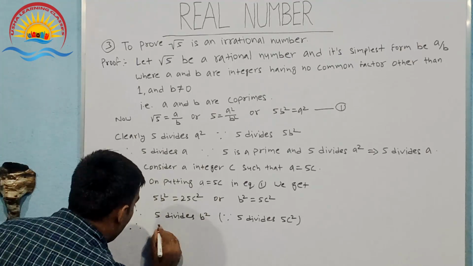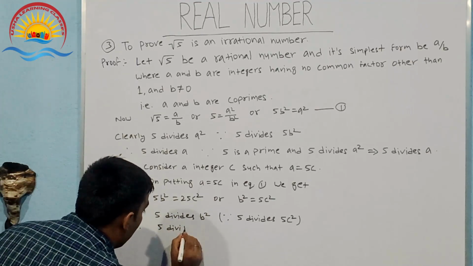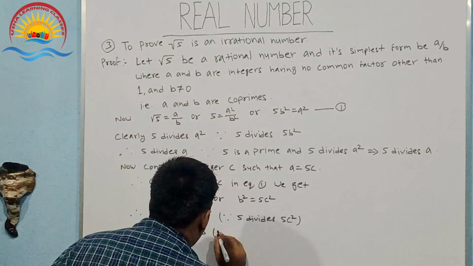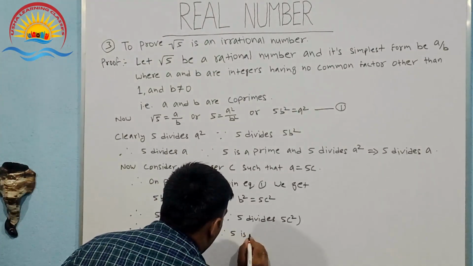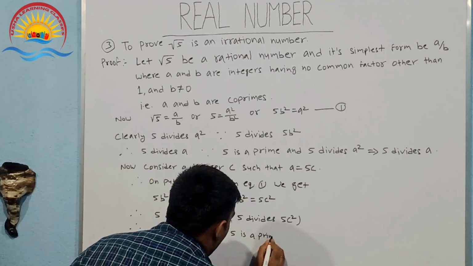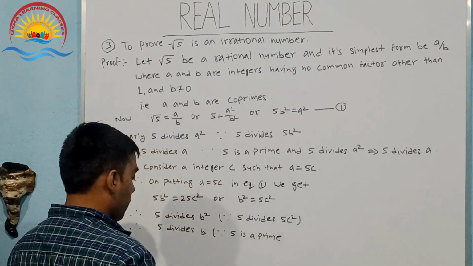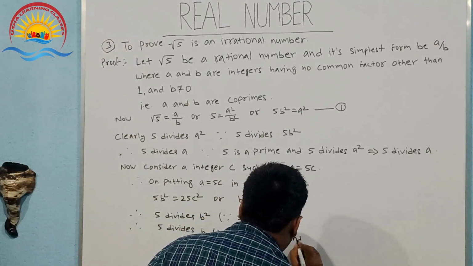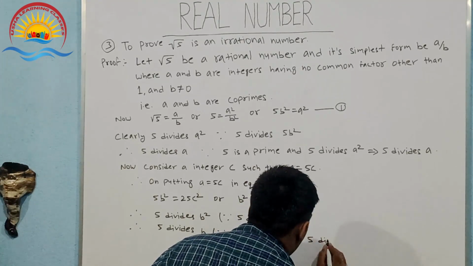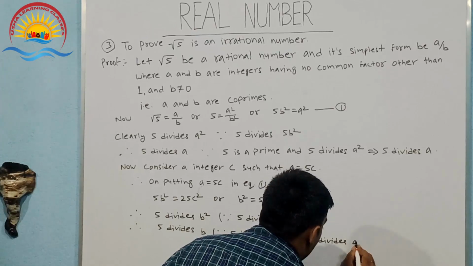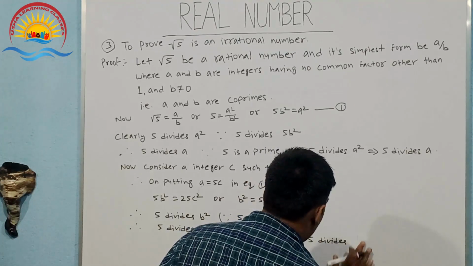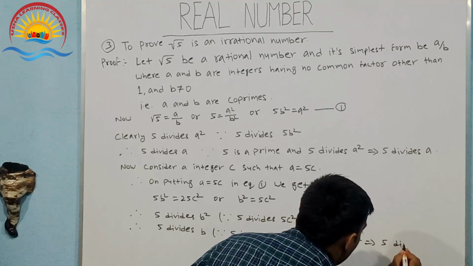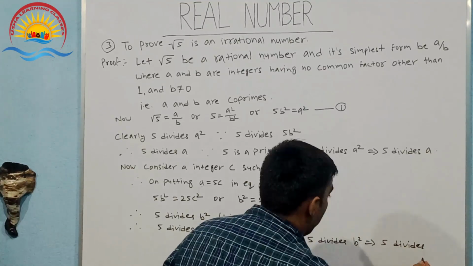Therefore 5 divides b, since 5 is a prime and 5 divides b square implies that 5 divides b.